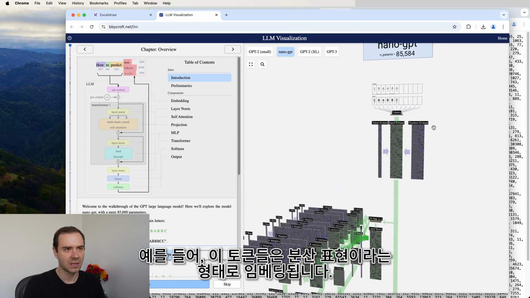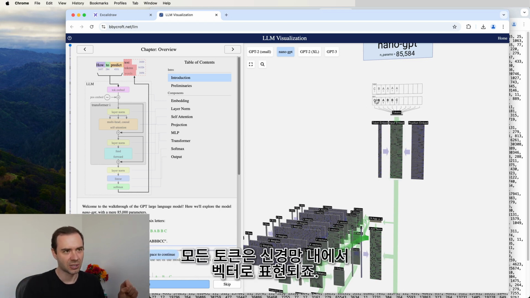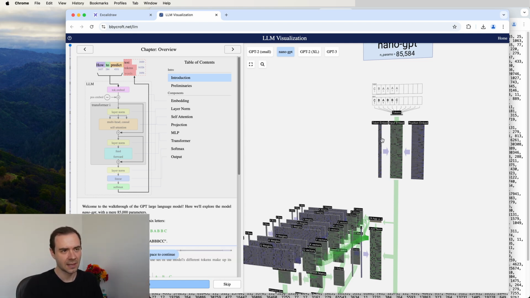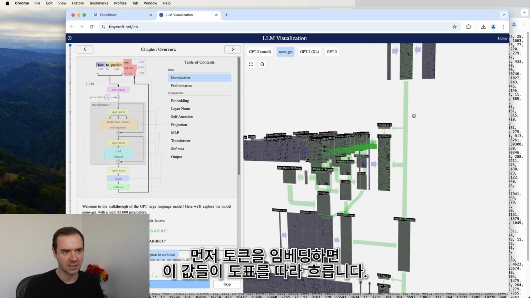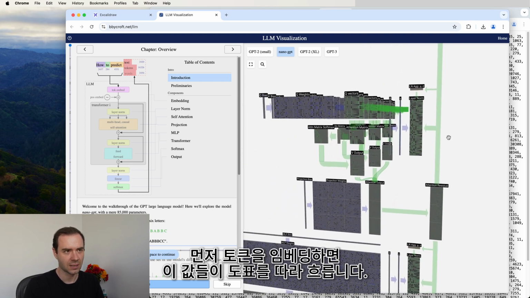So as an example, these tokens are embedded into this distributed representation, as it's called. Every possible token has a vector that represents it inside the neural network. So first we embed the tokens, and then those values flow through this diagram.